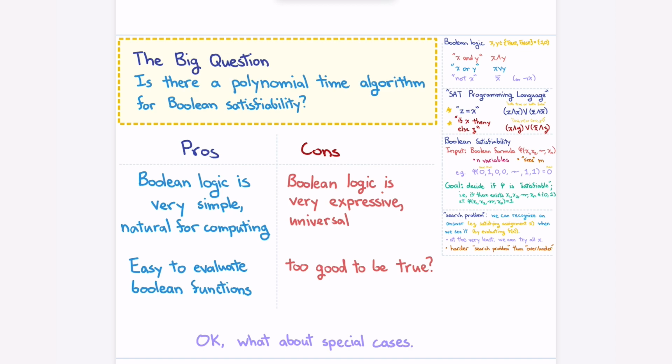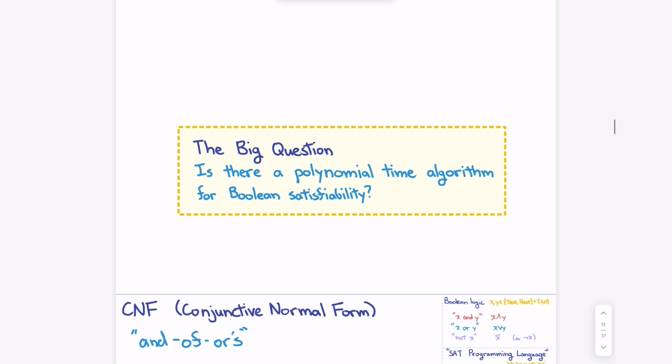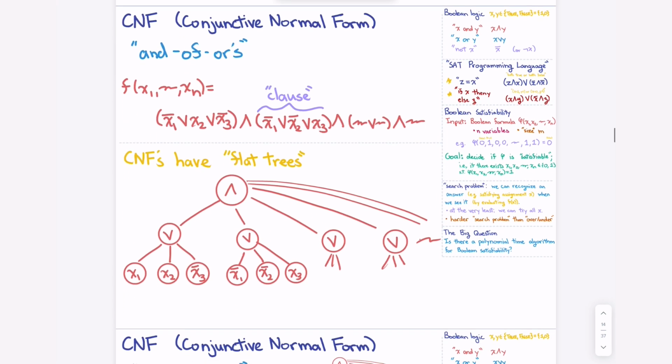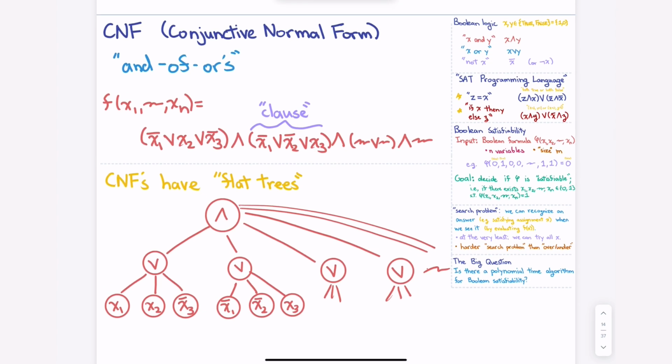Okay, fine. So if Boolean satisfiability is too broad, what about special cases? So let me give a special case. Here's a particular special case of Boolean satisfiability. It's a formula put in what's called conjunctive normal form. That means I have these clauses like x1 or x2 or x3 in parentheses, and something or something or something, and something or something or something, and so forth.